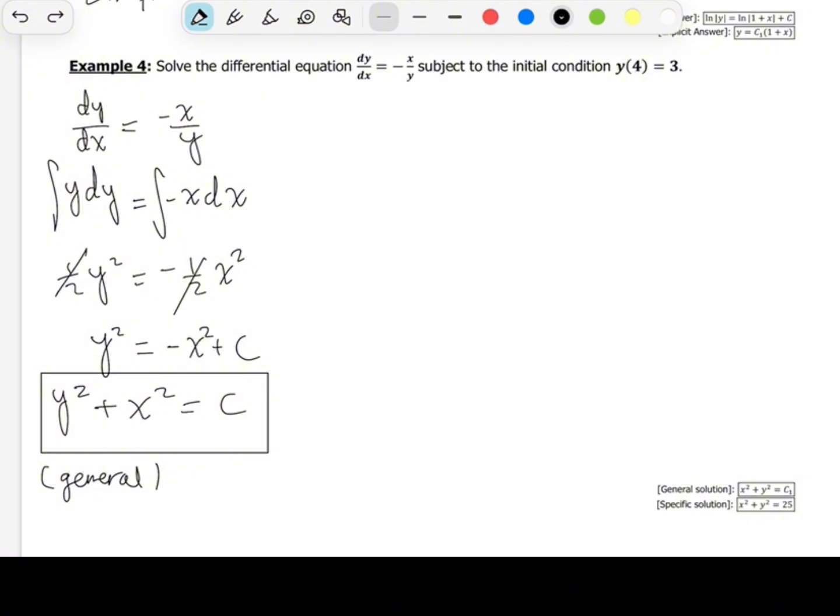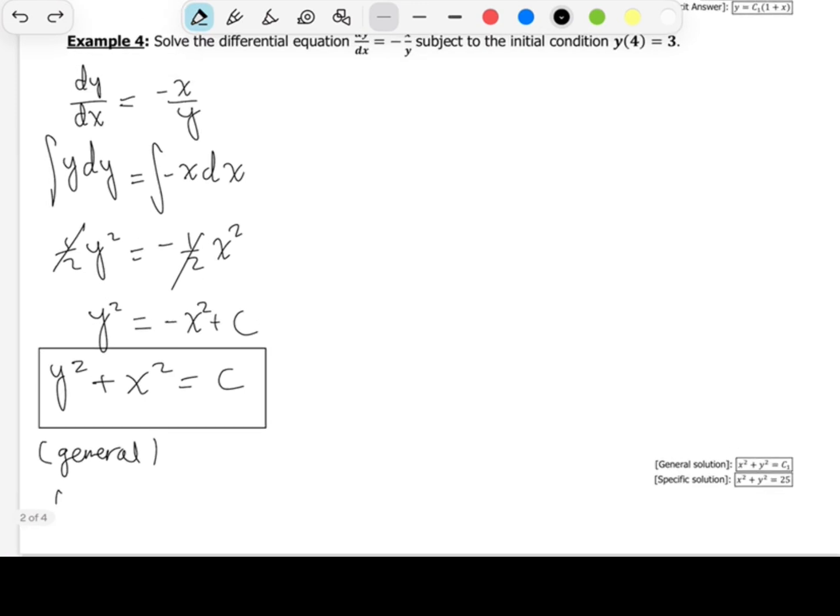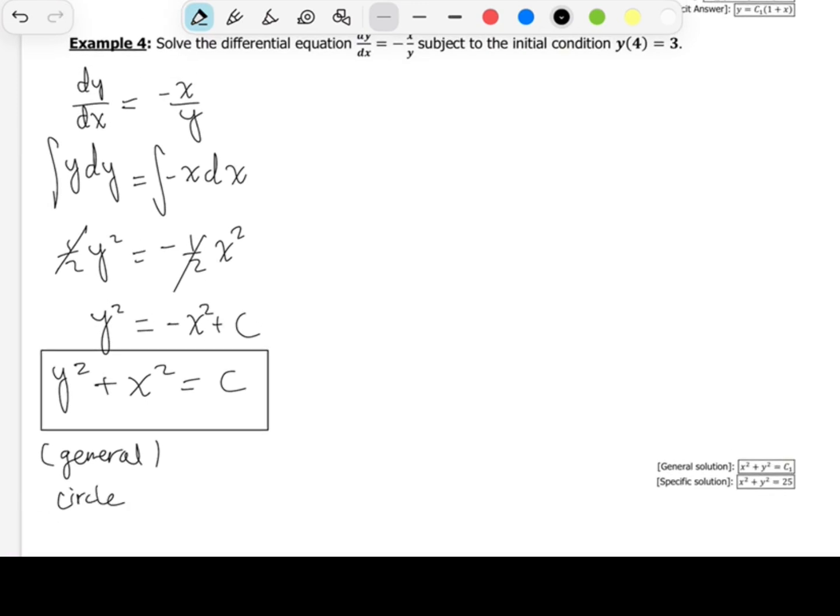Now, just a quick note, what does this equation represent? Y squared plus x squared equals c. Or think of it as x squared plus y squared equals c. This is an equation of a circle. Circle with radius square root of c.